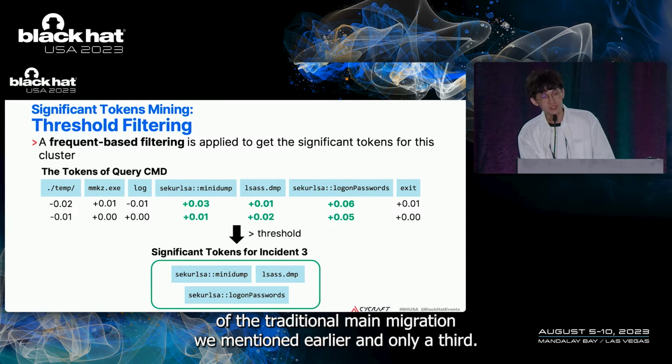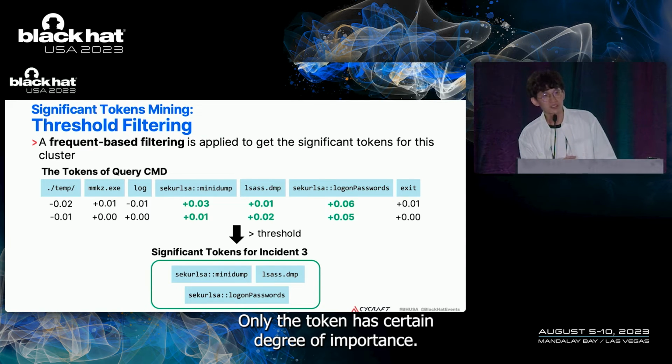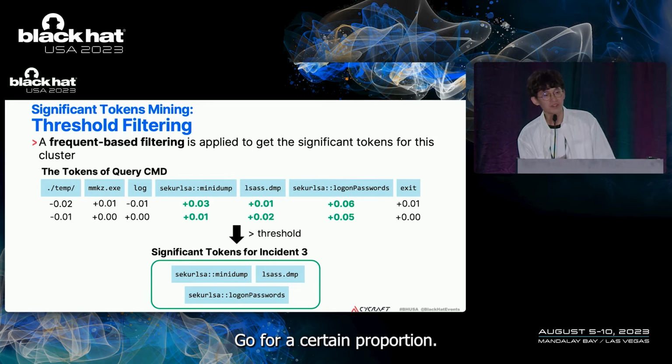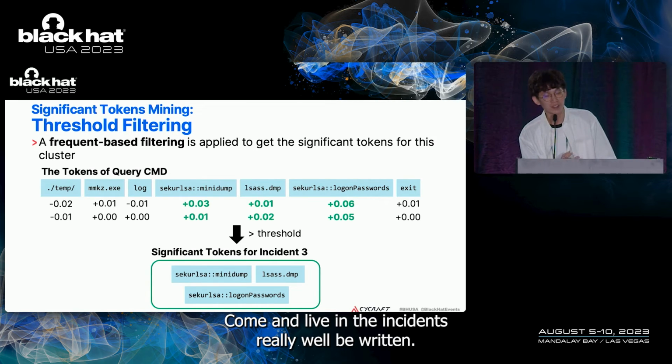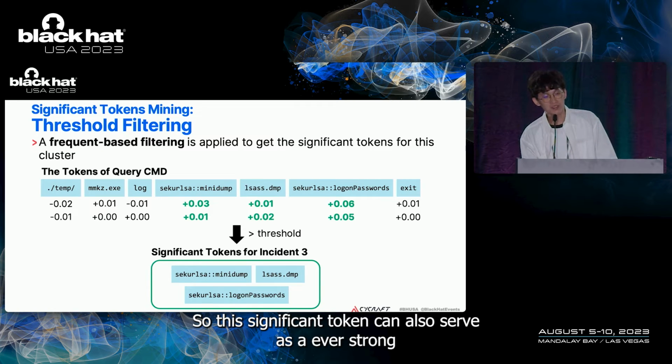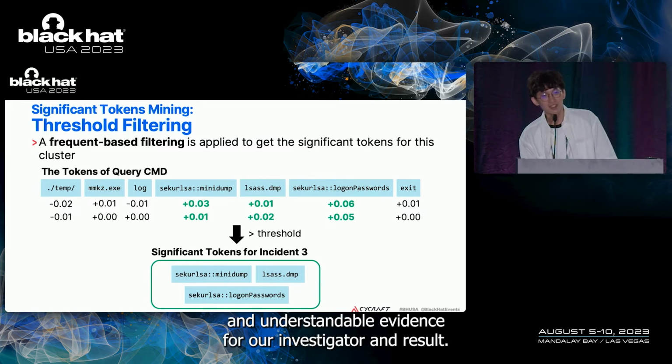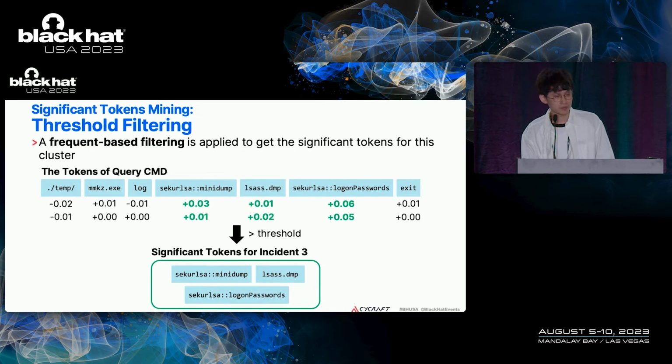Only tokens that have a certain degree of importance score for a certain proportion of command lines in incident 3 will be retained. So these significant tokens can also serve as strong and understandable evidence for our investigation result.